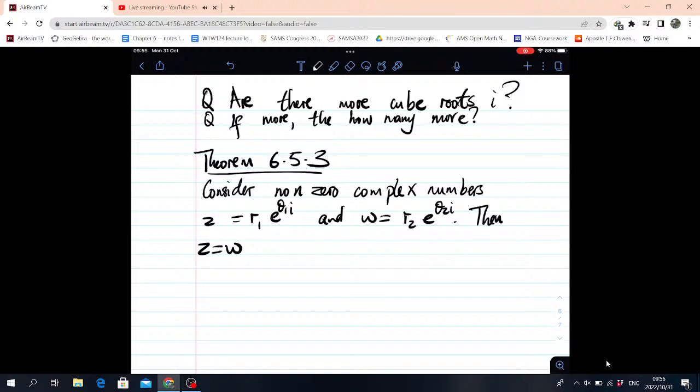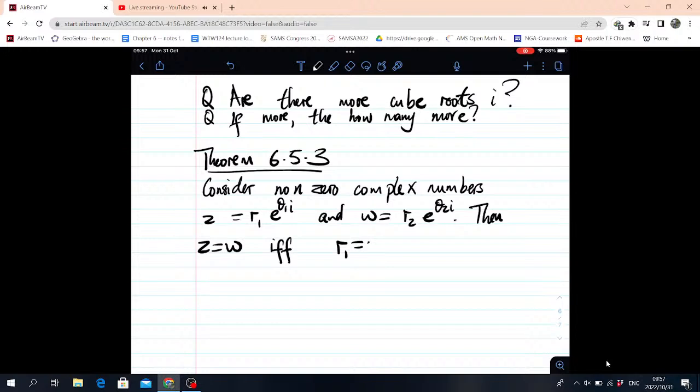But when they are in polar form, you will notice that there are different ways that you can express the same complex number. And so we want to know what equality means when we are dealing with complex numbers in polar form. So we say z is equal to w if and only if the moduli of these two complex numbers are the same. That's fine.